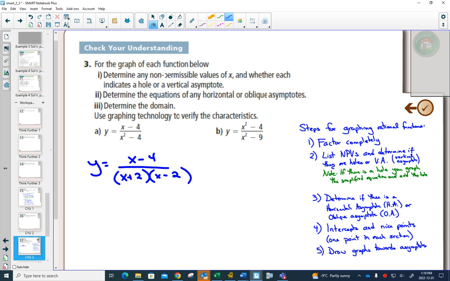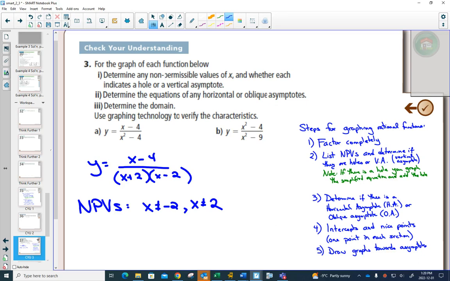Nothing goes away. We have our non-permissible values, which is everything that makes us divide by 0. So x can't equal negative 2, and x can't equal positive 2, because both of those would make us divide by 0.